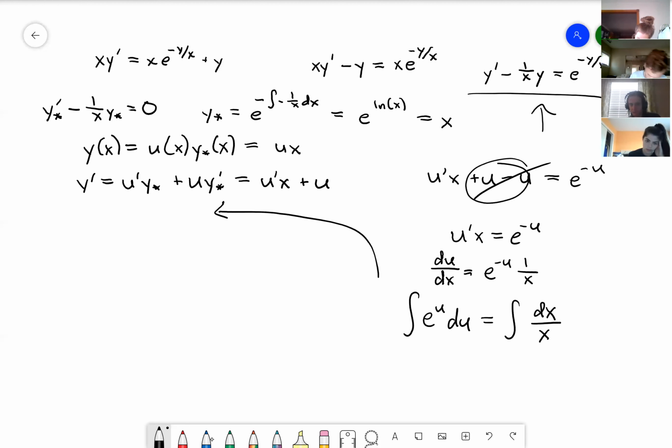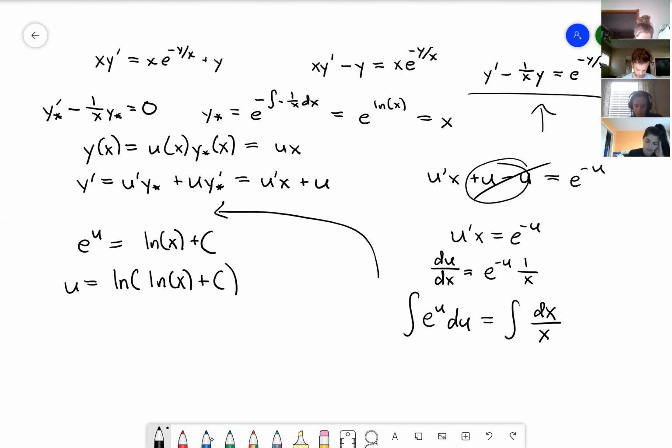And what we get from this, of course, e to the u on the left-hand side and natural log of x plus some constant of integration, right? And then solving for u, we get u is equal to natural log of the natural log of x plus c. Well, that's our solution. That's u. Now we need to just get y, and so that's x times the natural log of the natural log of x plus c. And we have our solution.